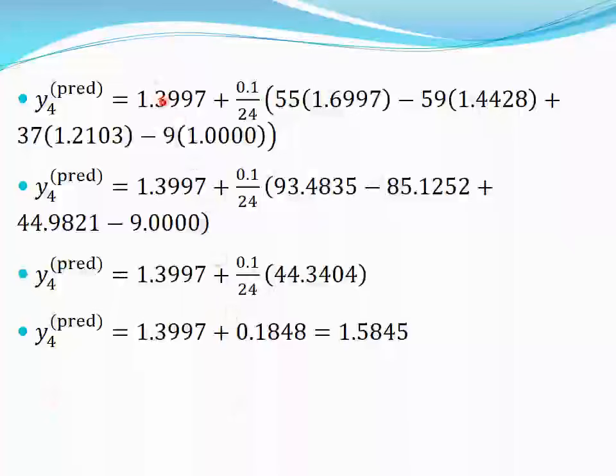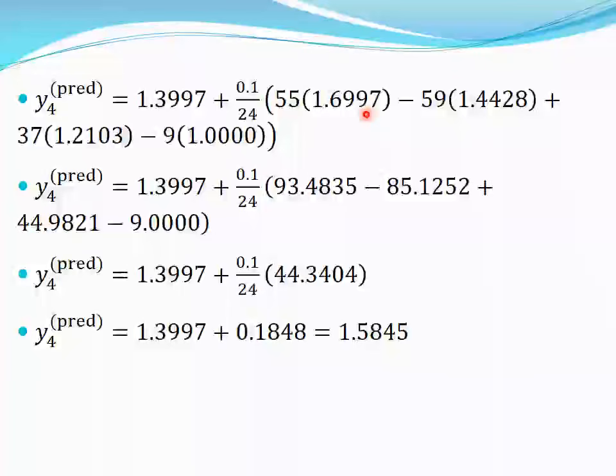Now again we use the previous values which we put in. Now we will simplify. 55 multiplied by 1.6997, we get 93.4835.